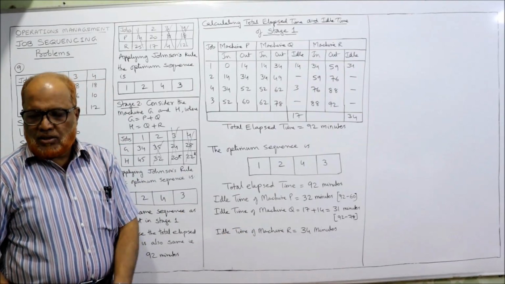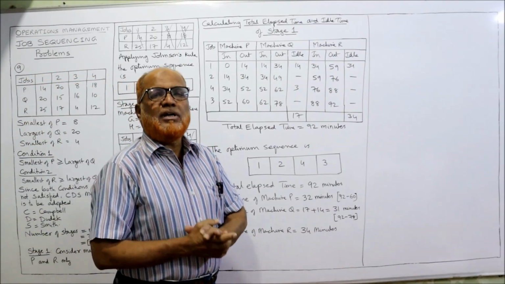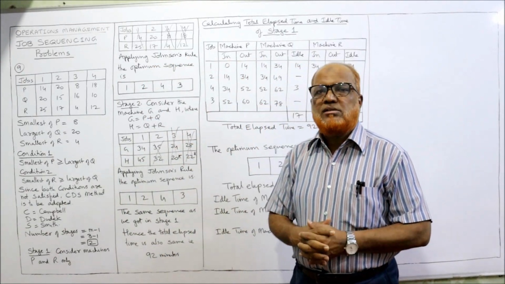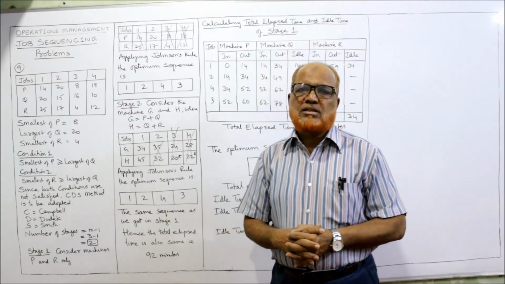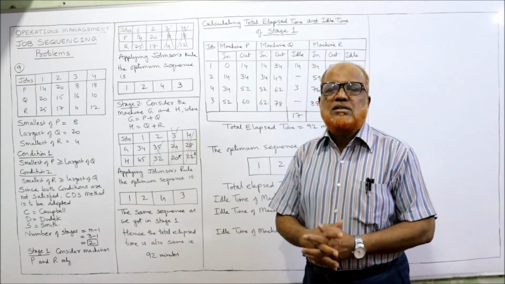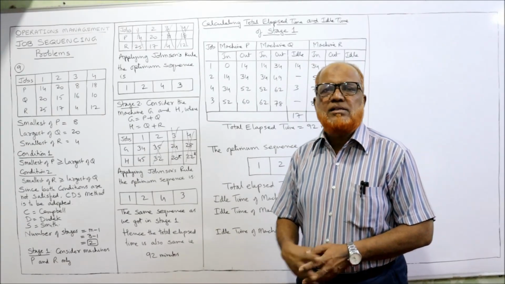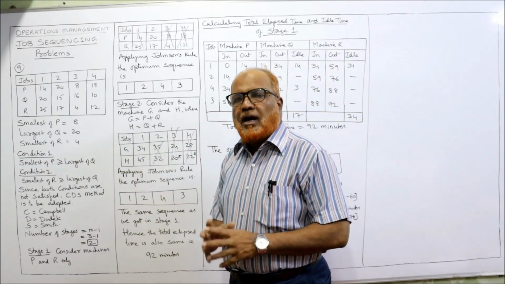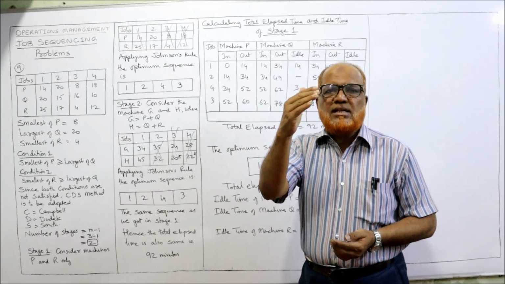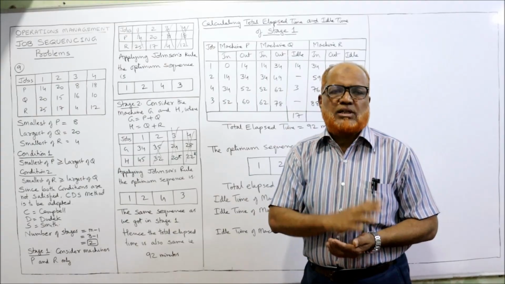That's it. So this is an entirely different problem where we have 3 machines and 4 jobs, but the conditions are not satisfied. If the conditions are not satisfied, then we have to apply the CDS method. Under the CDS method, we have to find out in stages: first stage, second stage, third stage, fourth stage.